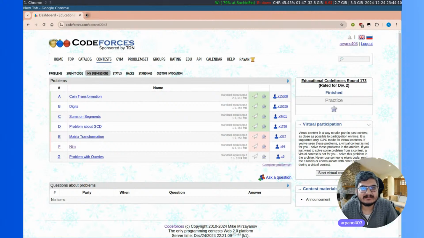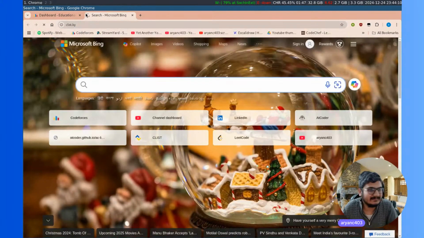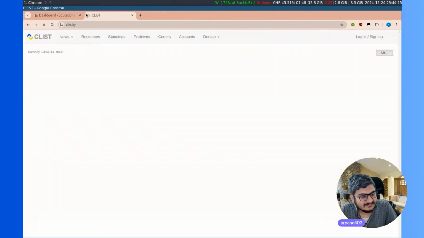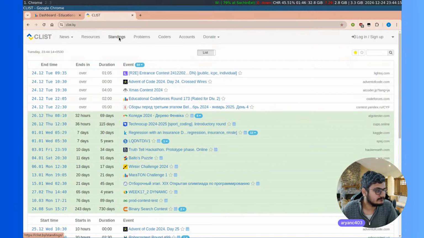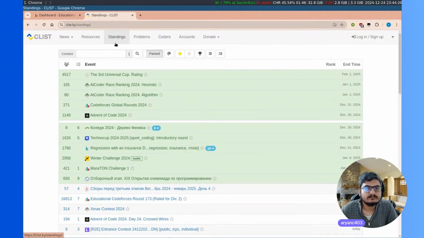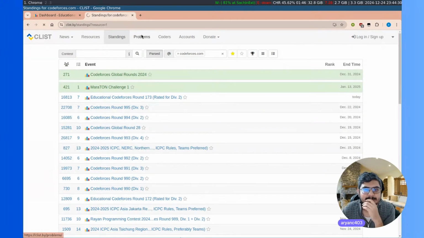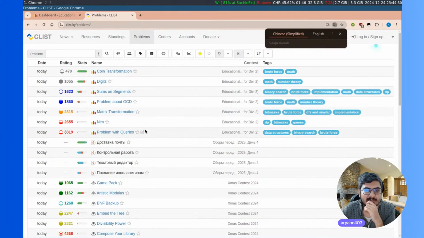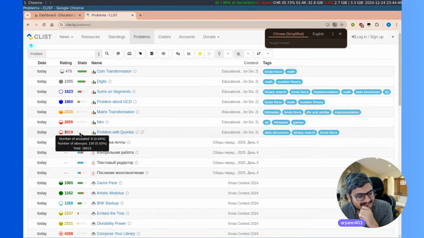Preliminary problem ratings, you can find them here. NIM is okay. NIM is more than my rating, and the problem with queries as well.